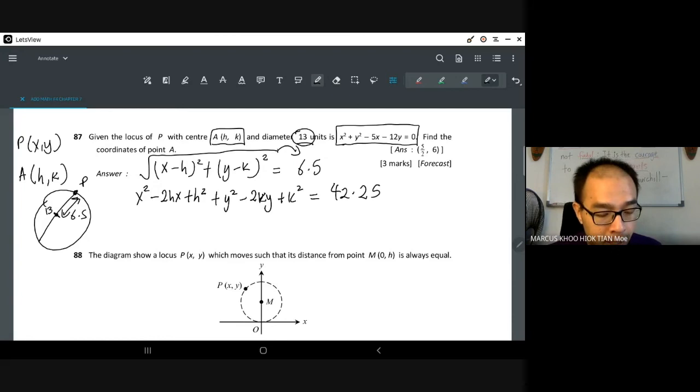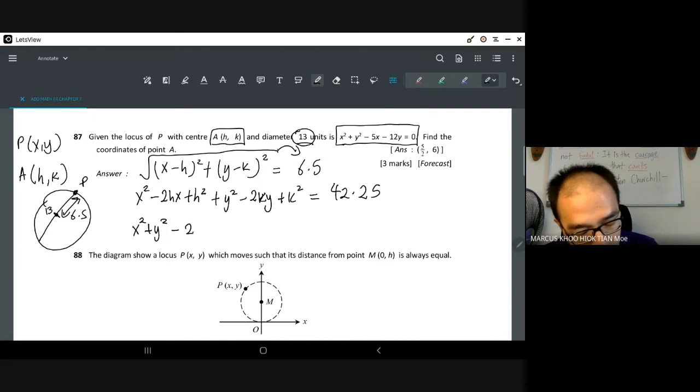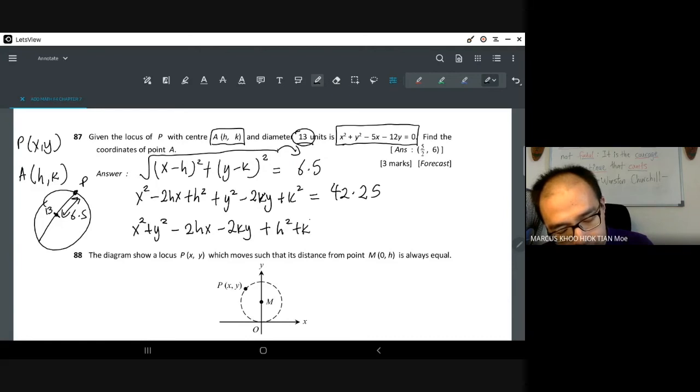Now let's rearrange everything again. x squared plus y squared minus 2hx minus 2ky plus h squared plus k squared minus 42.25 equals 0.